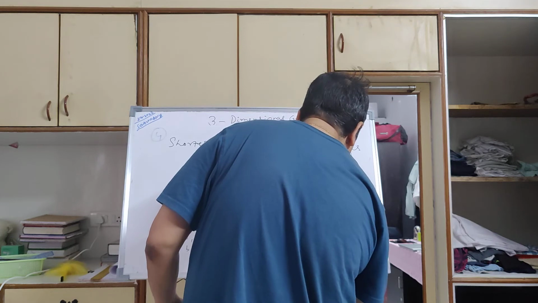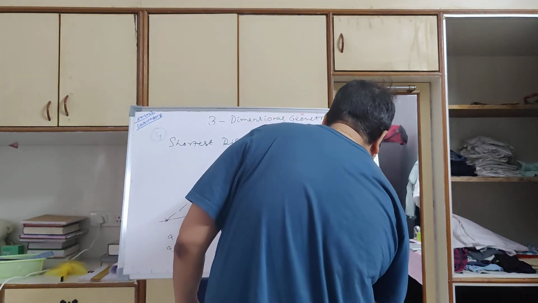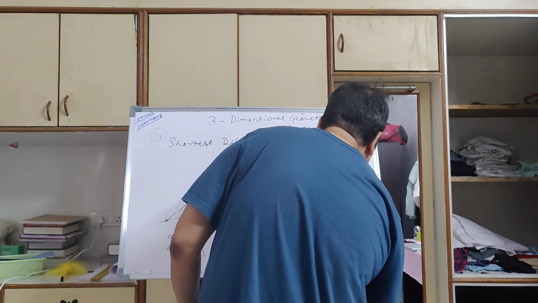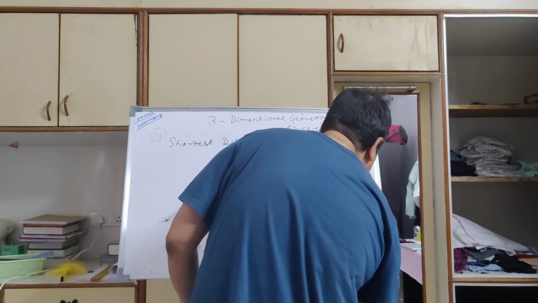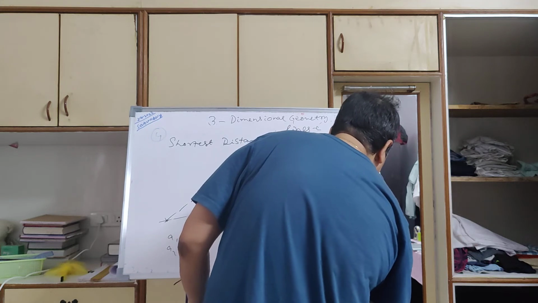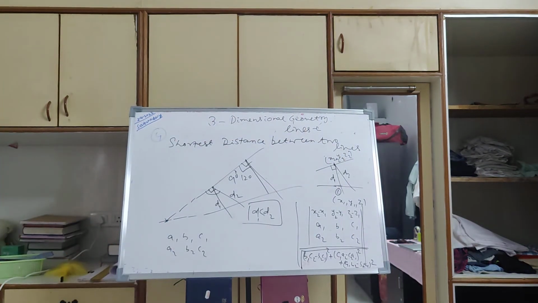This is for the BC term. Similarly, (c1 a2 minus c2 a1) whole square, then for the AB term, (a1 b2 minus b1 a2) whole square. Okay. This whole thing under the square root is the minimum distance.